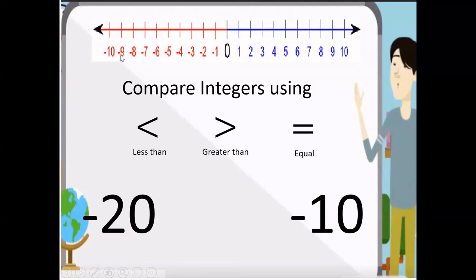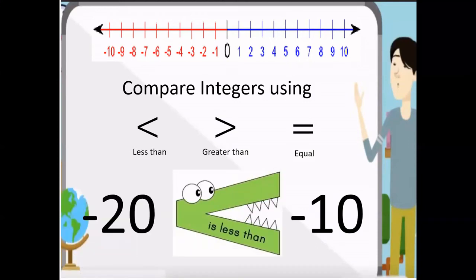So negative 10 is found on the right side of negative 20, which makes it the bigger number. So the crocodile is gonna eat it. As you can see, it's the same as less than. So how to read this one? Negative 20 is less than negative 10.